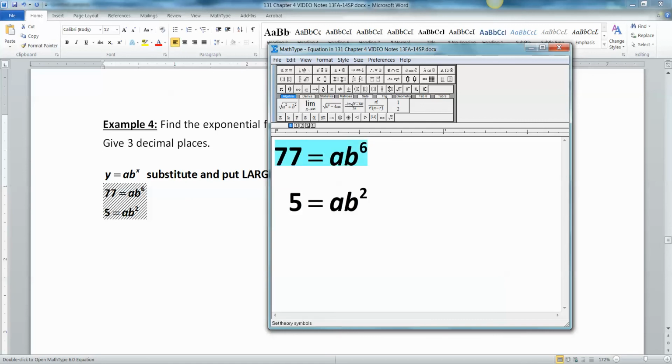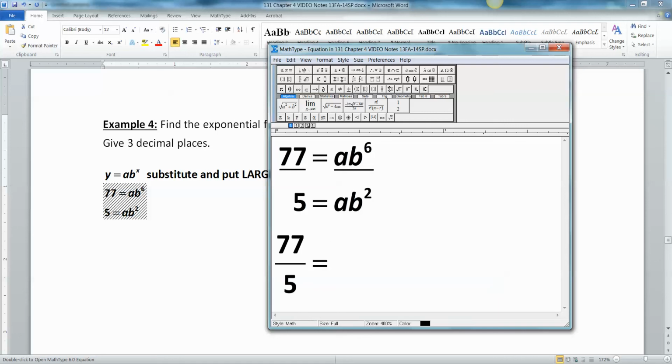Now we're going to take this and divide both sides. There, those are division bars. I'm literally dividing 77 divided by 5 and this whole thing divided by this whole thing. Now, why in the world would I want to do that? Well, it's funny you should ask. So what's going to happen over here on the left-hand side? You're going to get 77 divided by 5 equals.